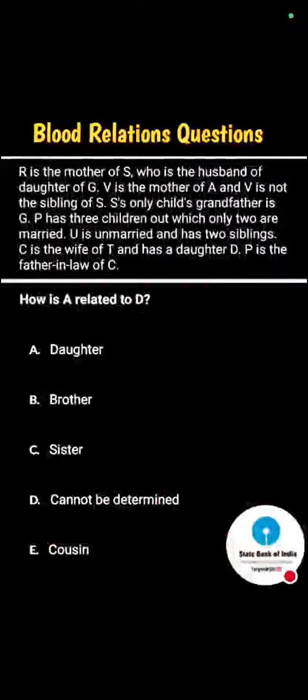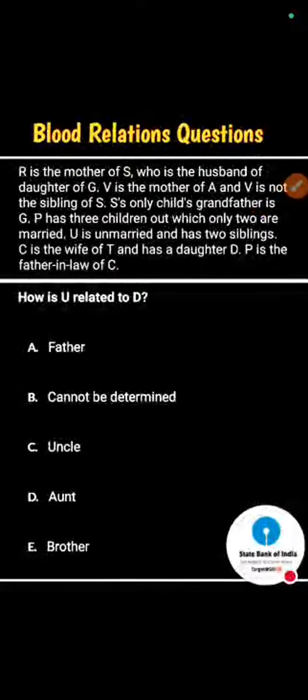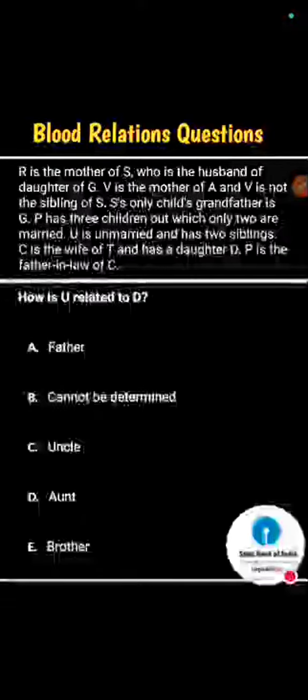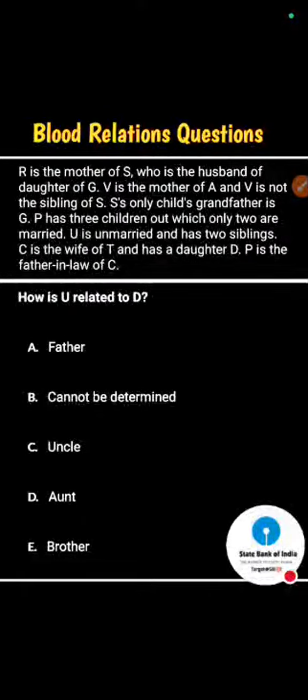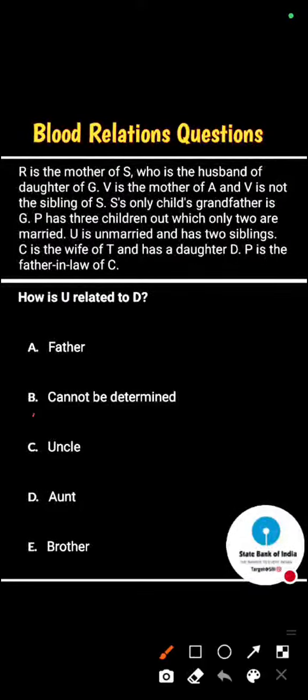Okay, let's see the second. How is U related to D? U is either aunt or uncle according to our question, so it cannot be determined. Option B is the answer.